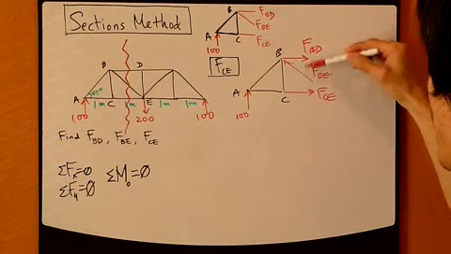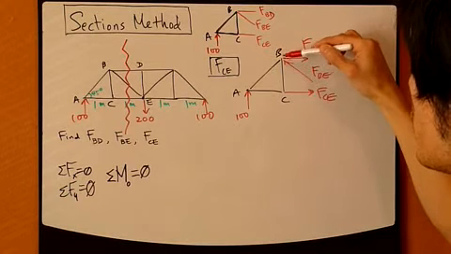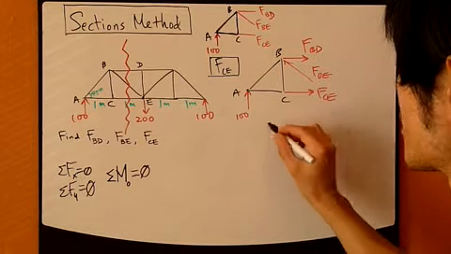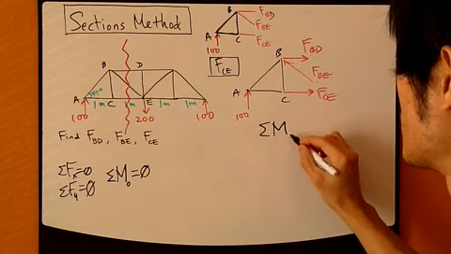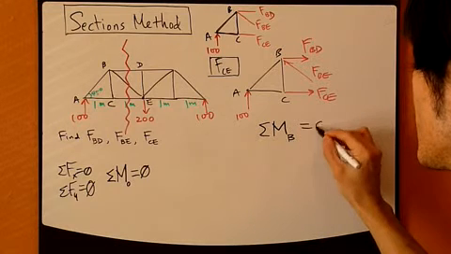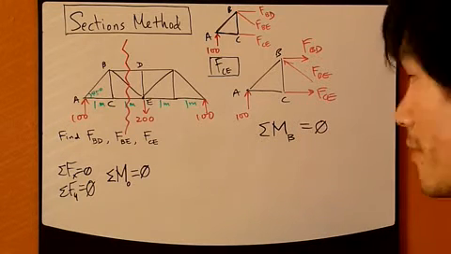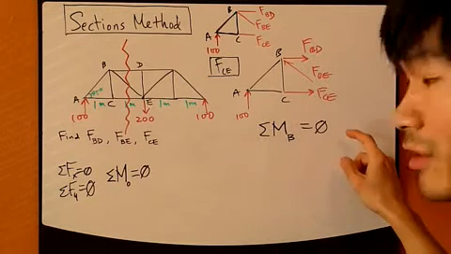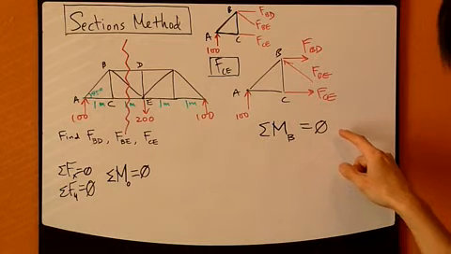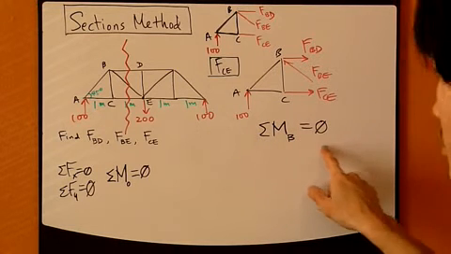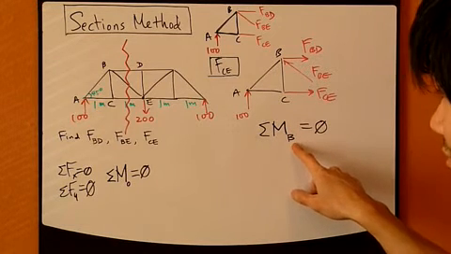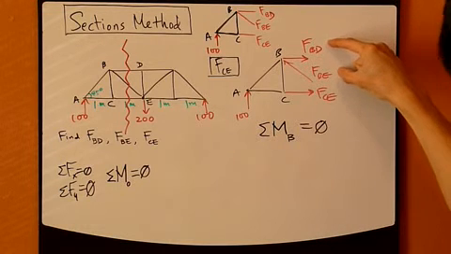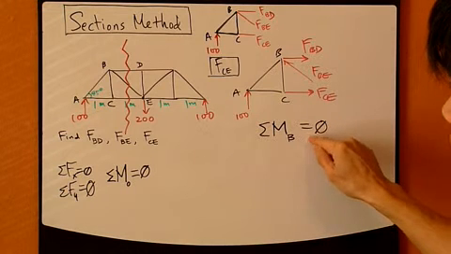I have these 2 forces, FBD and FBE, both passing through this joint B. So maybe I can sum the moment about joint B, and that's 0. It has to be 0, because this is one of the equilibrium conditions. The sum of moment about any point has to be 0. I just pick joint B. The advantage is these 2 unknown forces disappear right away.